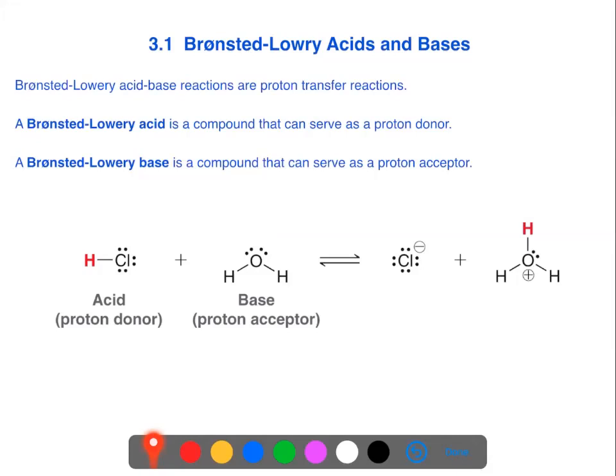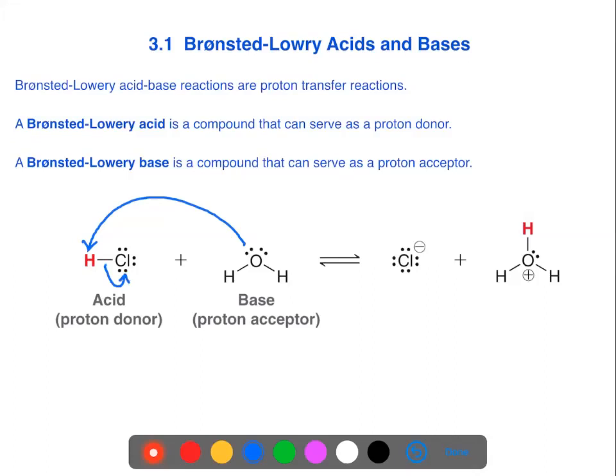We'll discuss this in section 3.2, but we can draw a curved arrow to represent the movement of electrons from the base, that of a lone pair, used to form a new bond with hydrogen in HCl. Now, hydrogen can only form one bond with another atom, and so as that bond is forming, this bond is breaking.